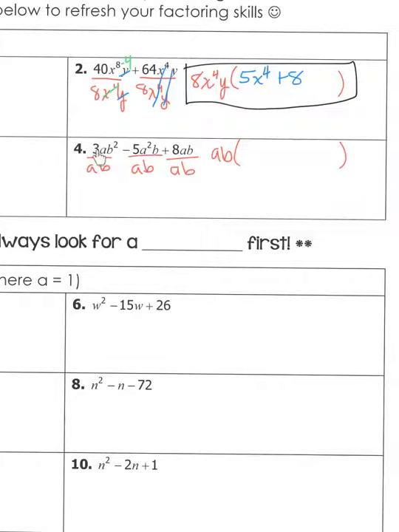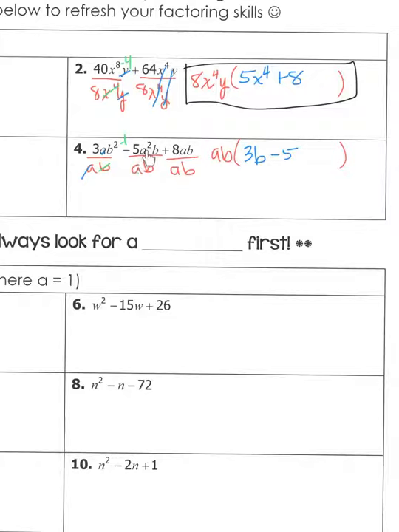The 3 doesn't have anything to cancel with, so the 3 stays in parentheses. But the A's are going to cancel 1 for 1. And then the B's, I can cancel this B with 1 upstairs, so I end up with just a B left over. Then the -5 has nothing to cancel with, so I have a -5.